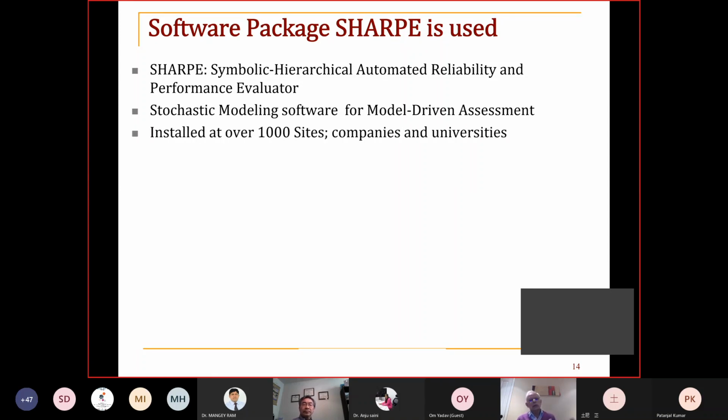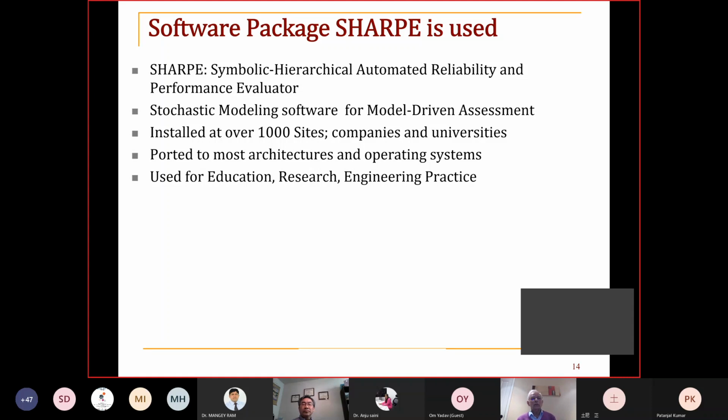It has been installed, I don't keep a very strict count, at maybe about 1,000 sites, both companies and universities. It has been ported to most architectures and operating systems. And it is used in teaching, in research, and in engineering practice.